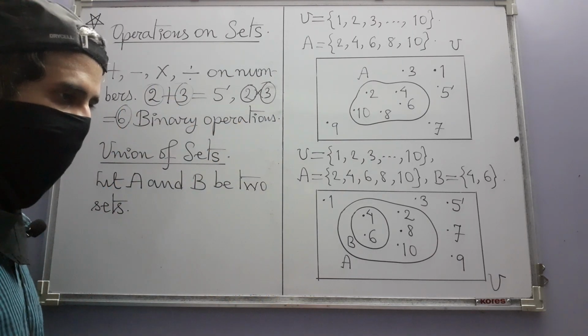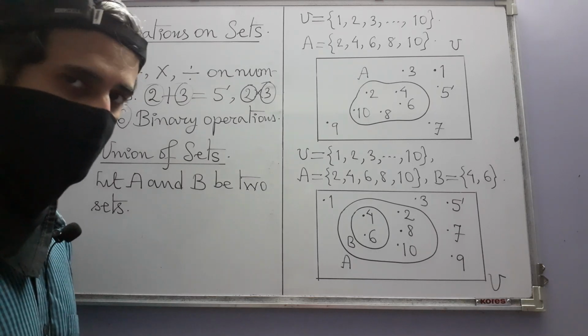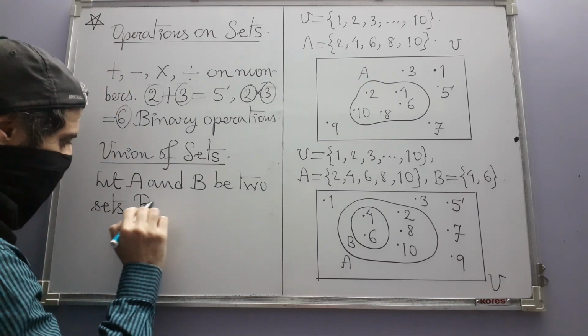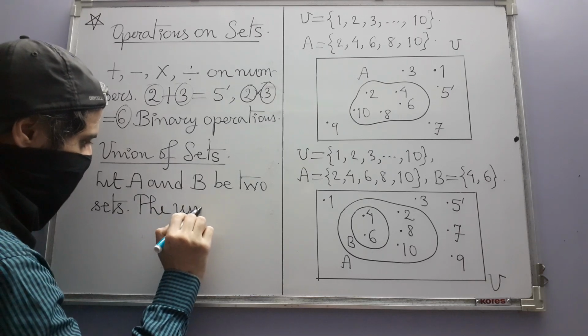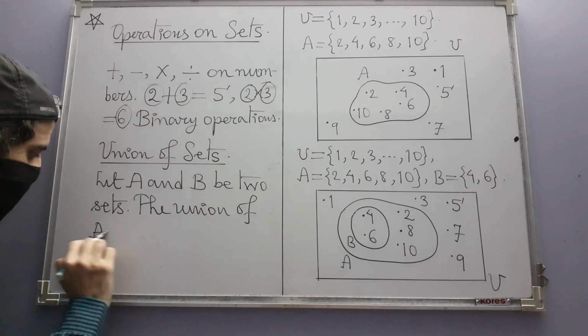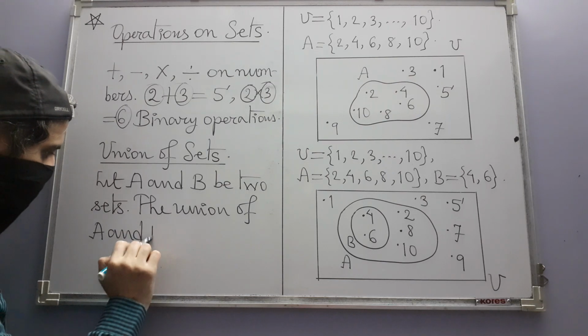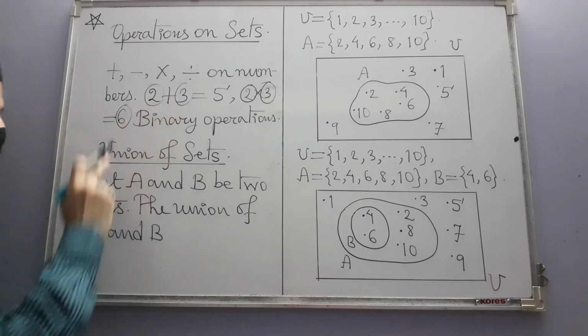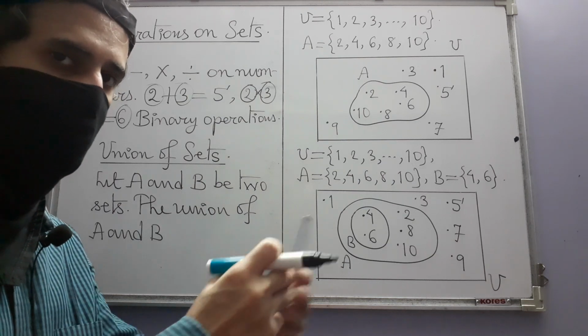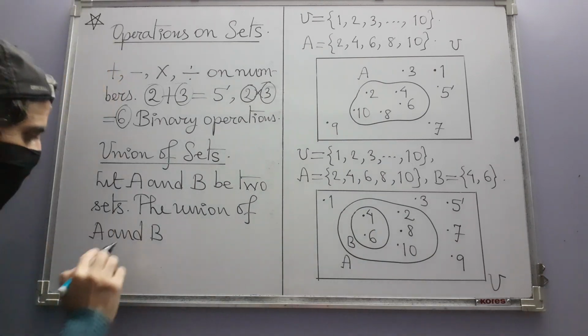Then we say that 2 plus 3 means this. Just like that, correspondingly, the union of A and B would be, here you would say the sum of 2 and 3 is so and so.